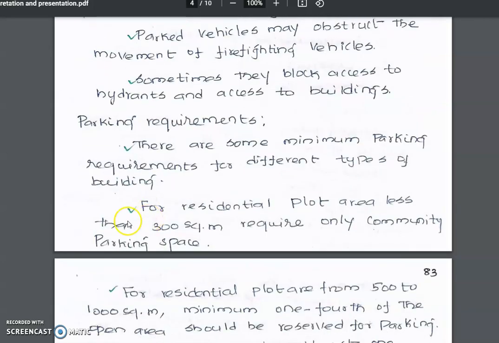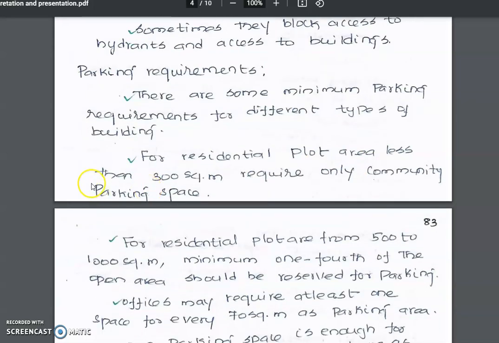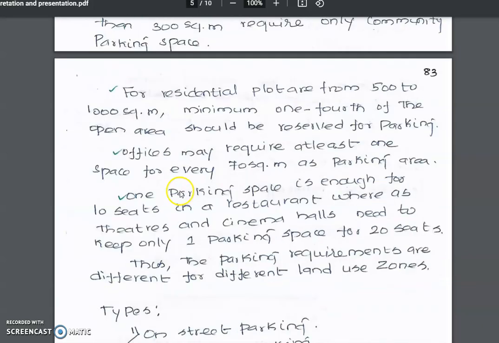Along with this, there are some minimum parking requirements for different types of buildings. A residential plot with area less than 300 square meters requires only community parking space. For a residential plot from 500 to 1000 square meters, a minimum of one-fourth of the open area should be reserved for parking.